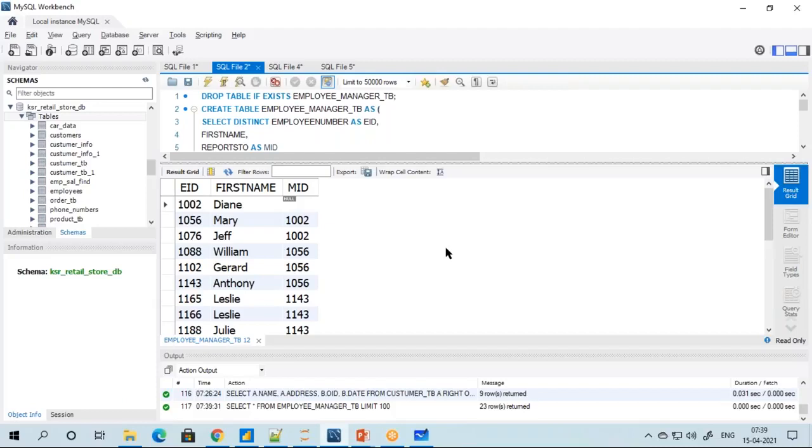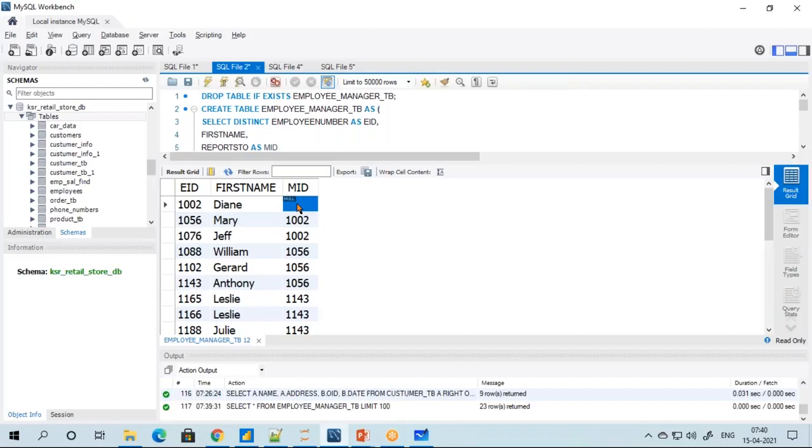Try to understand this code. EID stands for employment ID or employee ID. 1002 stands for Dini. Also assume this Dini is a CEO of the company. If CEO of the company, she will not have any manager.